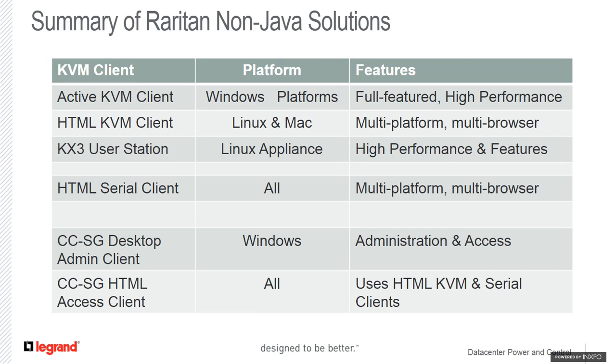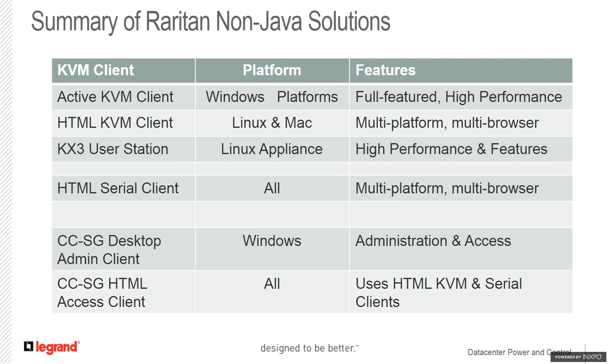Okay, so here's a summary of our different non-Java solutions. We have the Active KVM Client that works on Windows, a great solution for that. For other platforms, we have the HTML KVM client. We have the User Station for certain types of environments.